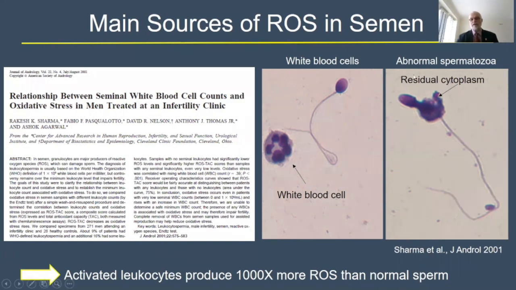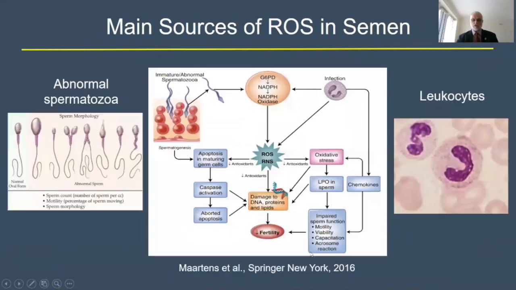On the other hand, they also come from abnormal spermatozoa, and we must also be aware that activated leukocytes produce roughly 1,000 times more reactive oxygen species than normal spermatozoa. And how is that done? In abnormal sperm and in leukocytes, they follow basically the same biochemical pathways.